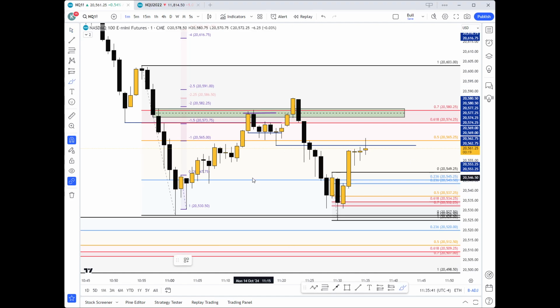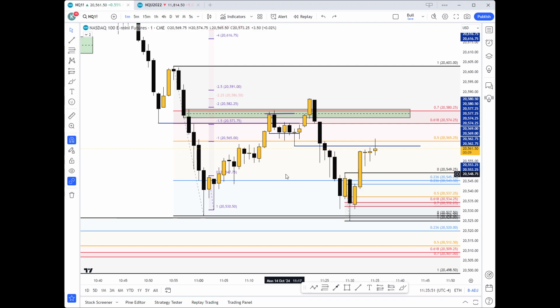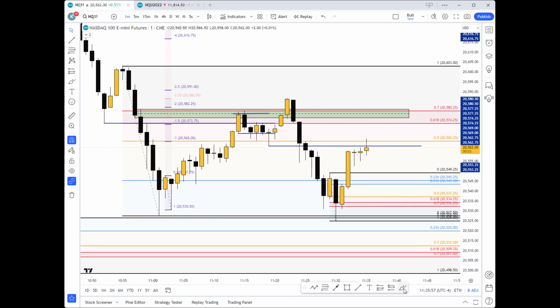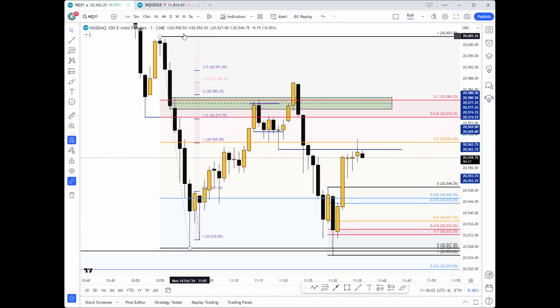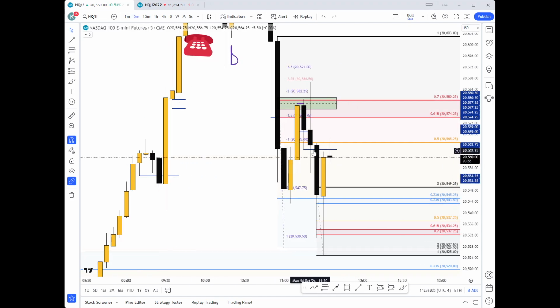The anatomy of this, what do we talk about? Lethargic movement, right? Leading to rejection. This, however, not looking very lethargic to me, but I'm concerned about this high on the 5 minute chart.